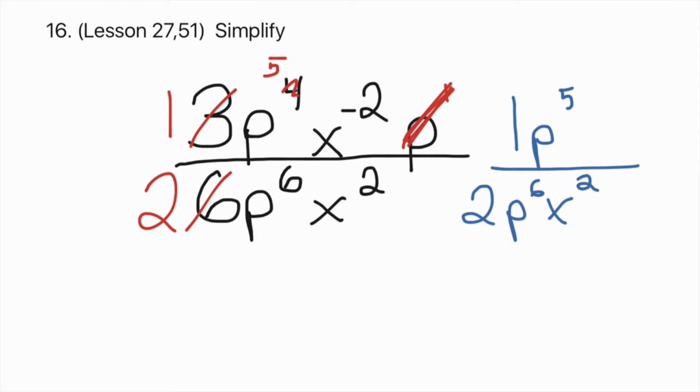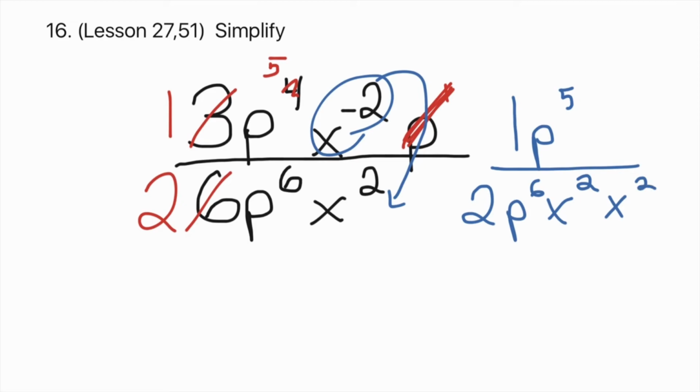And I did that for a reason, because remember, we do not like to deal with negative exponents. And we can always get rid of negative exponents by moving that whole term down to the denominator, or if it was negative on the denominator, we move it up to the numerator. So we just move it to the other side in order to make it positive. So I'm going to take this x to the negative 2 and move it to the denominator. So it will become x to the positive 2.